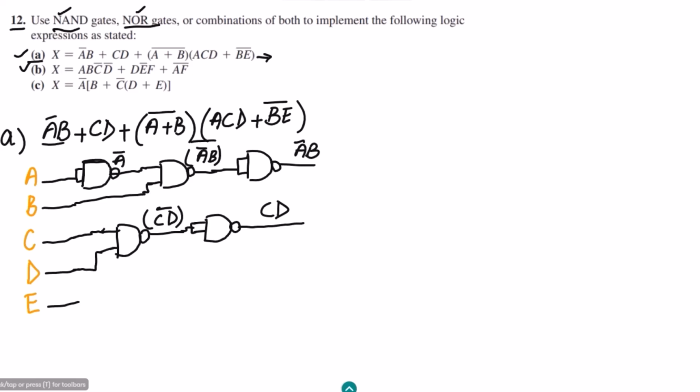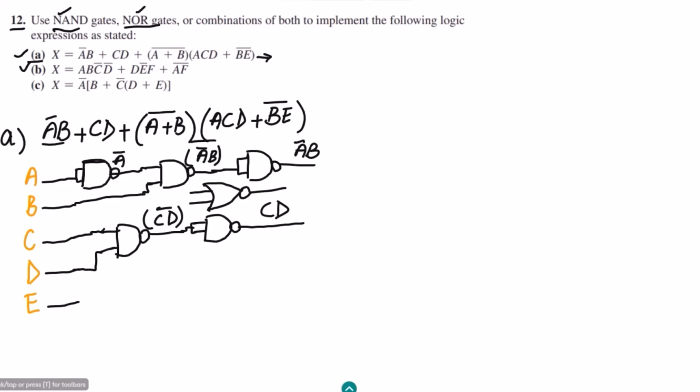Similarly, here I have A plus B whole complement. So this is clearly the NOR gate. A plus B whole complement is the NOR gate, so let me use this NOR gate here. This is the output, and it has two inputs.